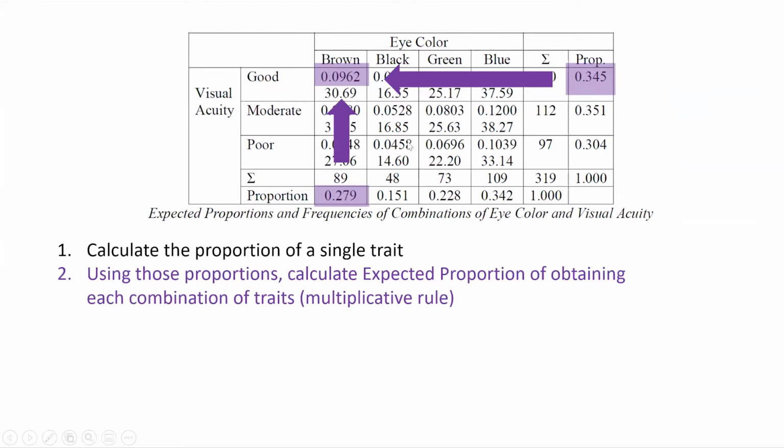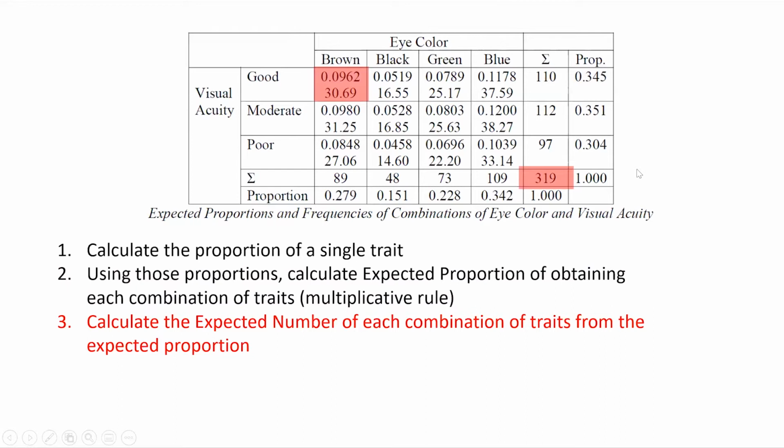That's because it has a couple different types of data within it, but what we're focusing on is the proportion we just calculated for good and for brown. If we're looking at what our expected proportion of good and brown is, if they're independent, that means we can use the multiplicative rule. That means this value times this value should give us what we expect the probability or proportion of good and brown to be if they're independent. We do that for each combination.